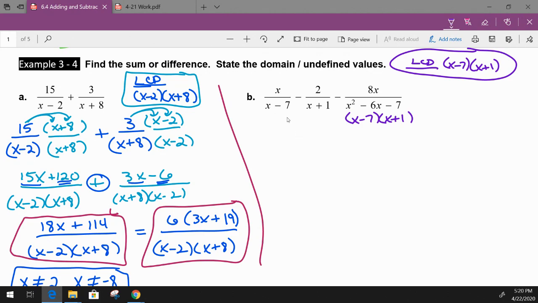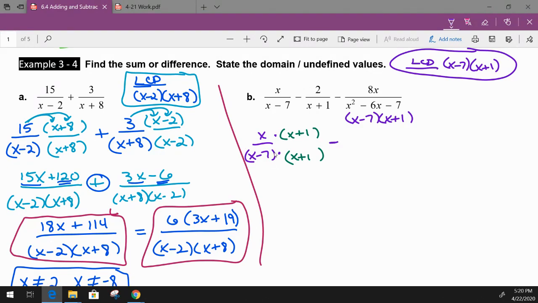So now, break down each fraction and ask yourself, what do I have to multiply each fraction by? The first fraction already has x minus 7 in the denominator. So we are going to multiply the numerator and denominator of the first fraction by x plus 1. Then we have a minus sign here.